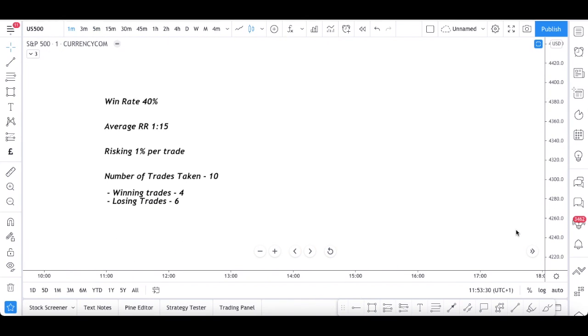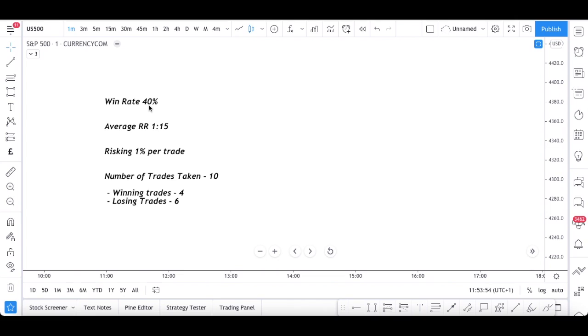Now, one thing I wanted to go over with you guys was the fact that you don't actually have to be amazingly accurate in your trades. So I've just done a small example of a certain trade scenario right here. This is just assuming that your win rate is only 40%.